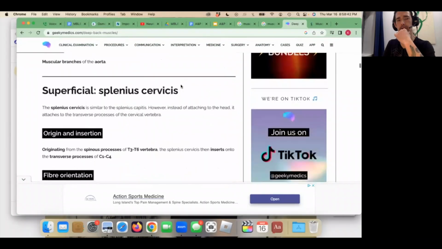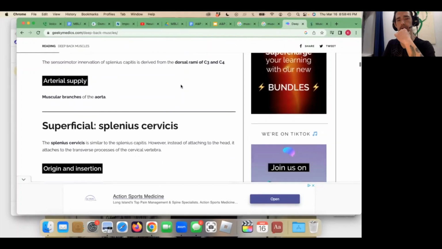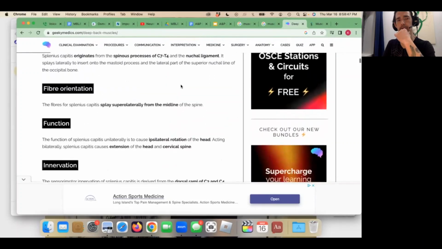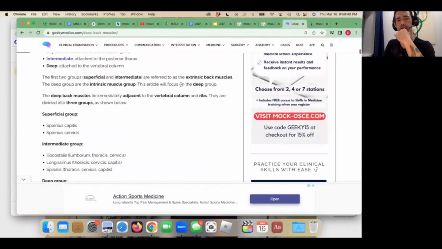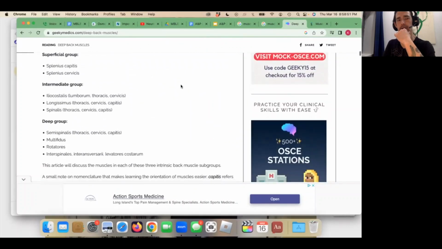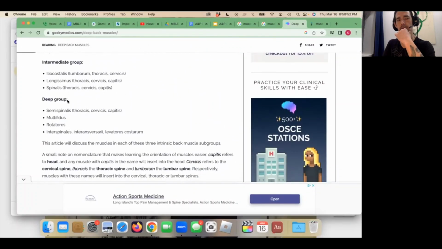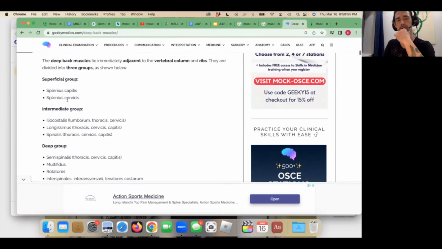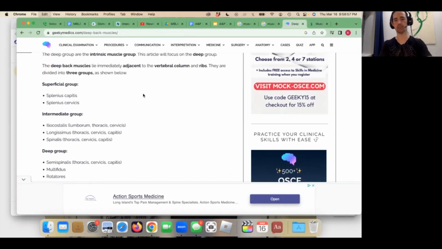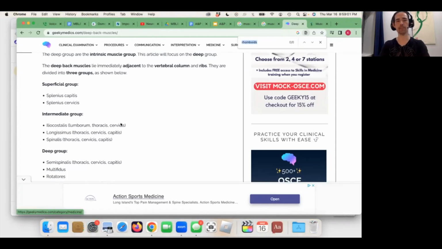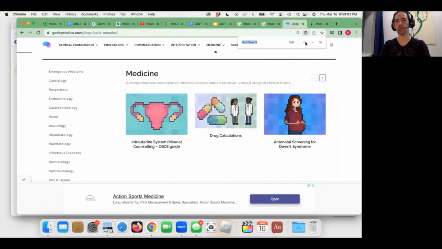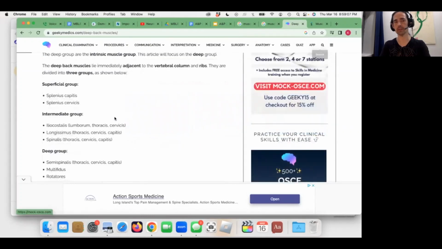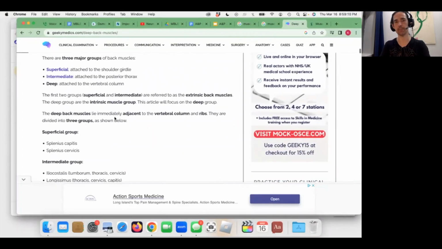I'm getting oriented to how this page is laid out. I see. They don't have the rhomboids listed. They're probably just not listing the rhomboids specifically because they're looking at the ones right next to the spine.